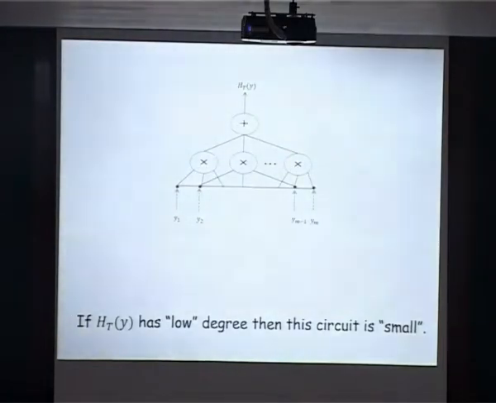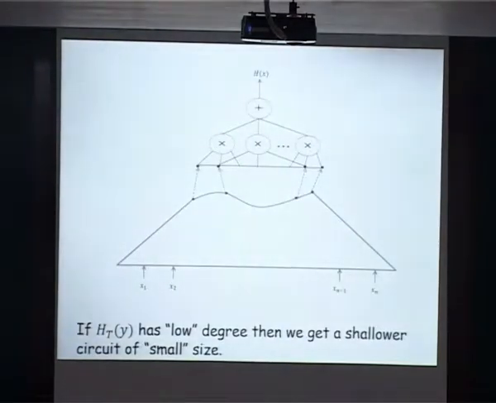But now there's a problem. It seems to work, but if you think about it, very quickly you will see a problem. So overall the circuit looks like this. Now the problem is the following: in our original circuit that we wanted to do surgery on, there might not be a good correspondence between the degree of a node and its distance from the input node.